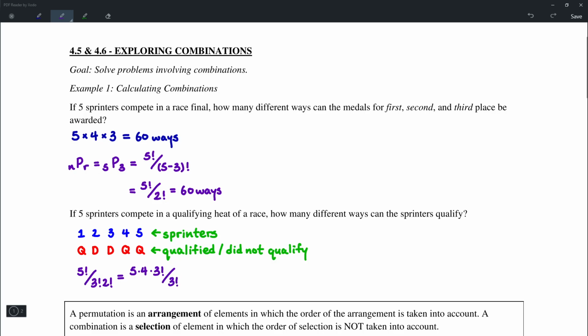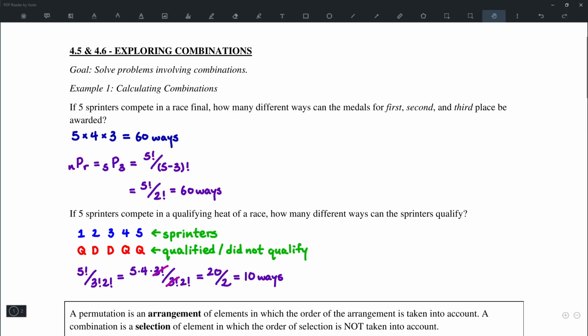And of course, the 3 factorials will eliminate each other. So here we simply have 20 divided by 2, which means there are 10 different ways that the sprinters can qualify for the next round.